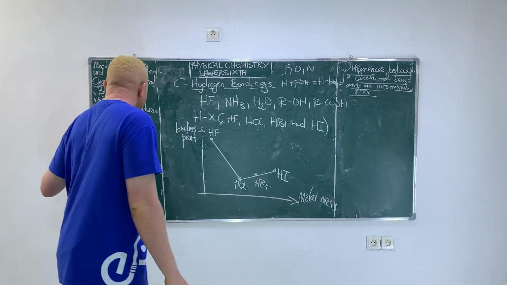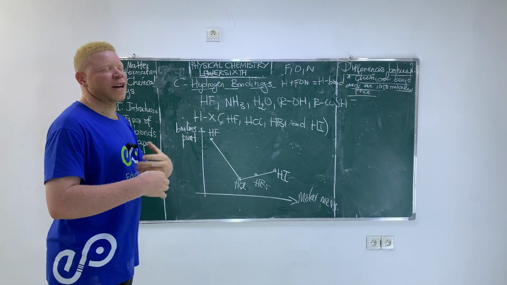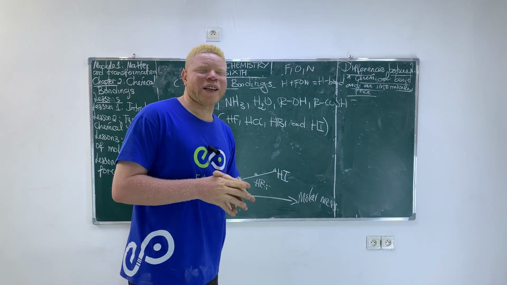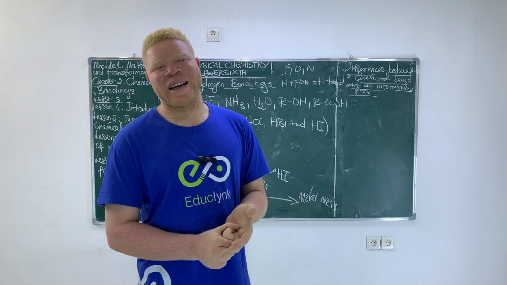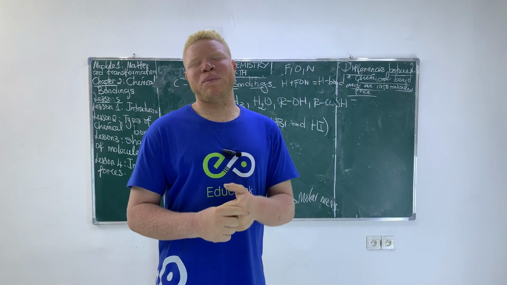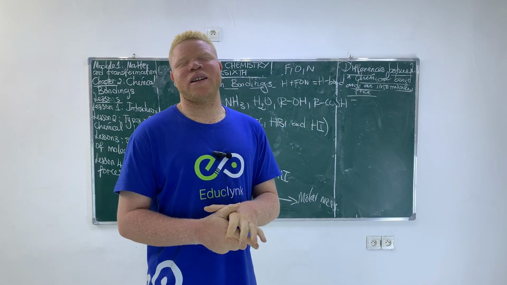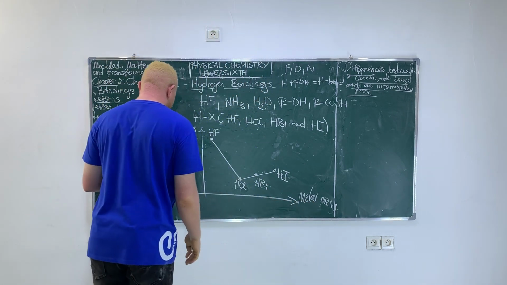After chemical bonds, we saw the shape of molecules. Under shape of molecules, we saw linear, trigonal planar, trigonal pyramidal, trigonal bipyramidal, and octahedral shapes. Then we went forward to see the intermolecular forces.